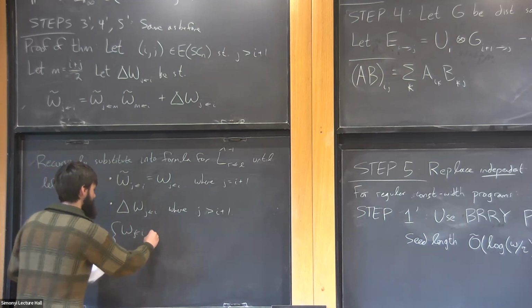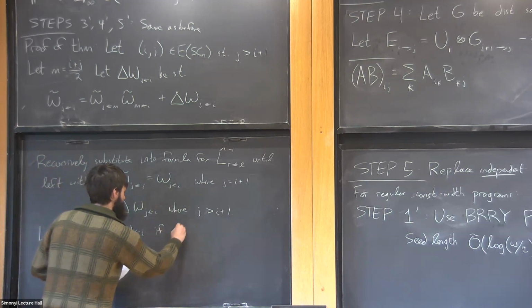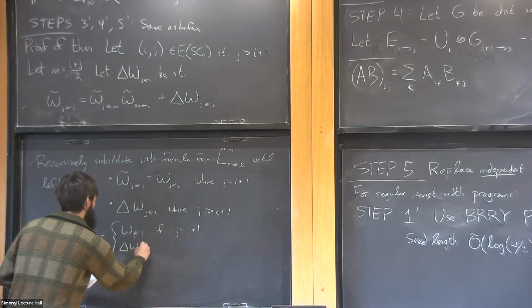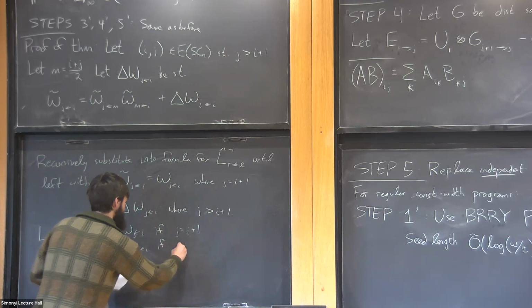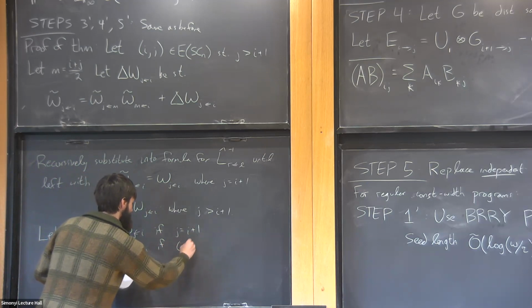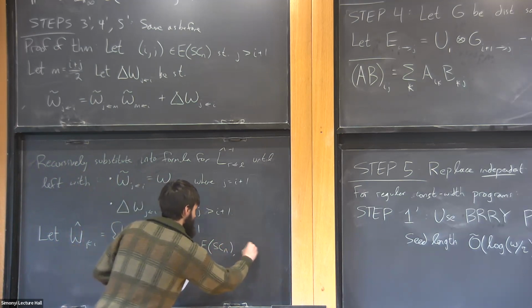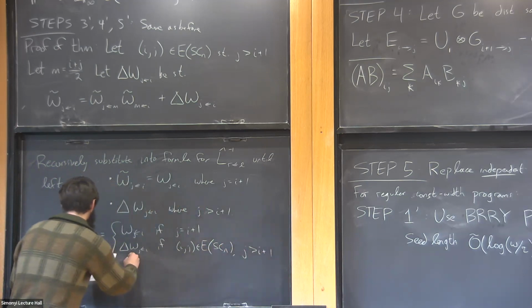W from J to I if J equals I plus 1, and it's delta W J from I if it's a shortcut edge, and 0 otherwise.